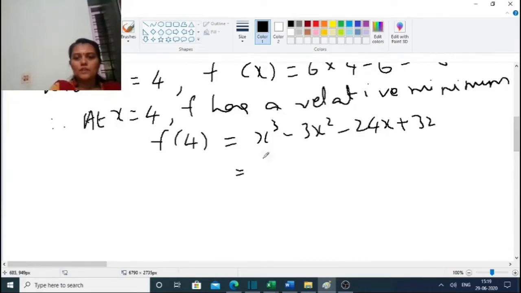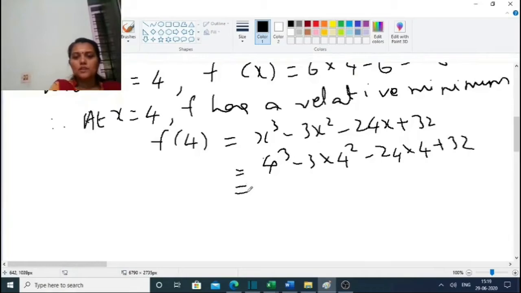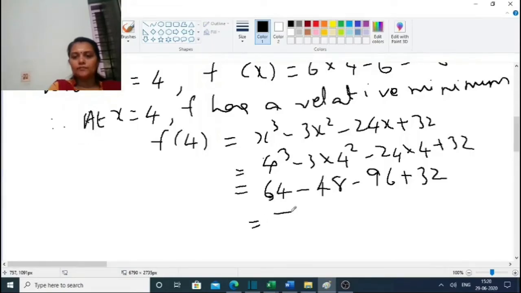So 4 cube minus 3 into 4 square minus 24 into 4 plus 32. 4 cube is 64, minus 3 into 16 is 48, minus 24 into 4 is 96, plus 32. 64 minus 48 is 16, minus 96 is equal to minus 80. Minus 80 plus 32 is equal to minus 48.